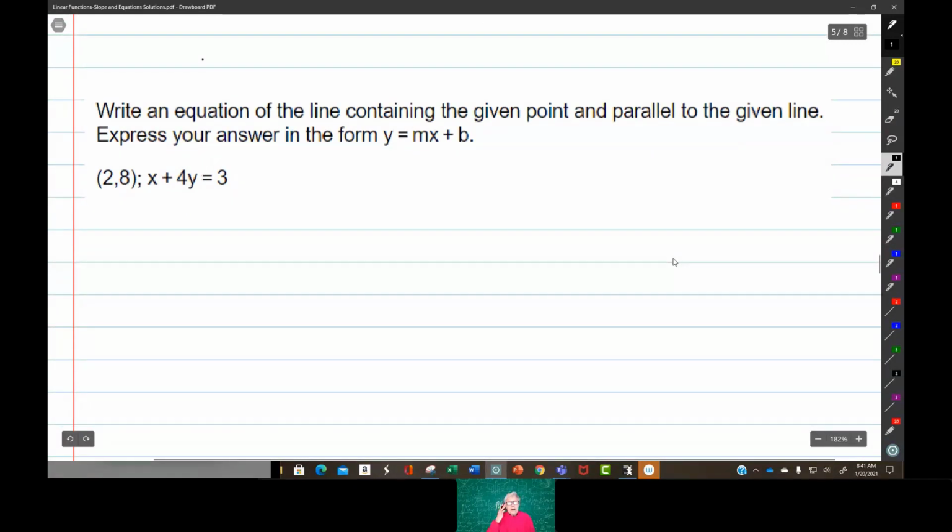Okay, now how do you find the equations of parallel lines? Parallel means that if you have this line, and it goes on forever, if there's a line parallel to it, then you're going to have a line running side by side with it, never crossing it, forever and ever and ever.